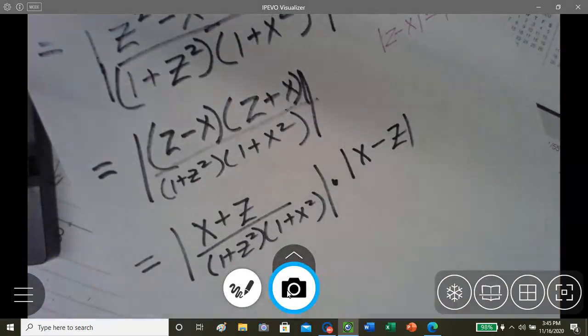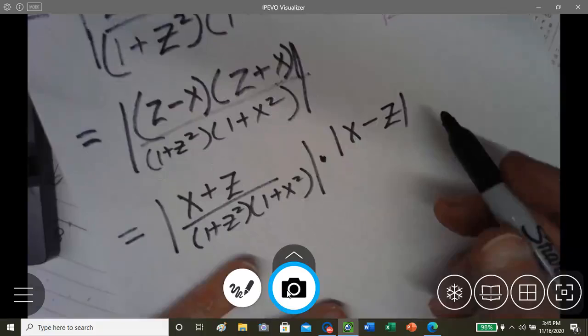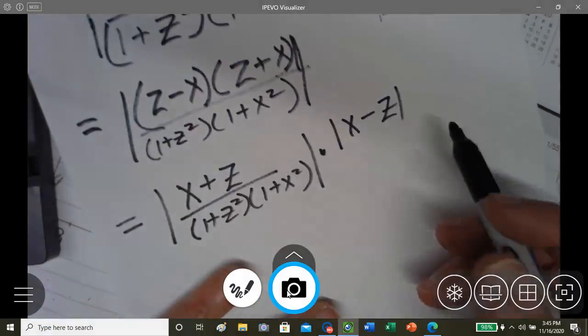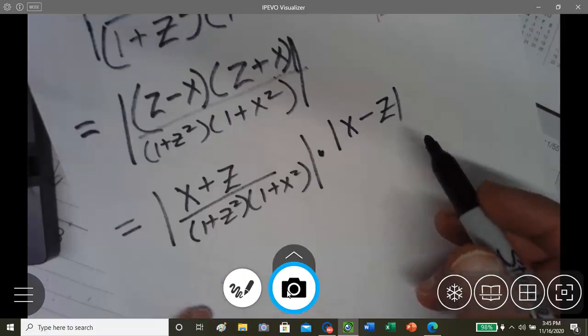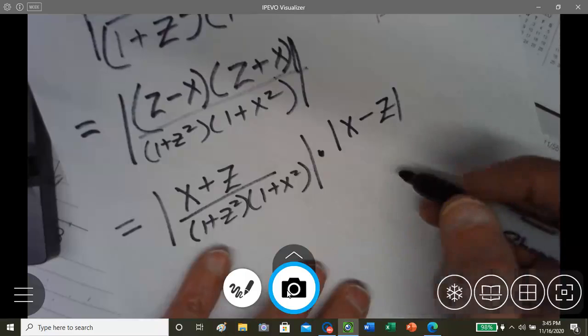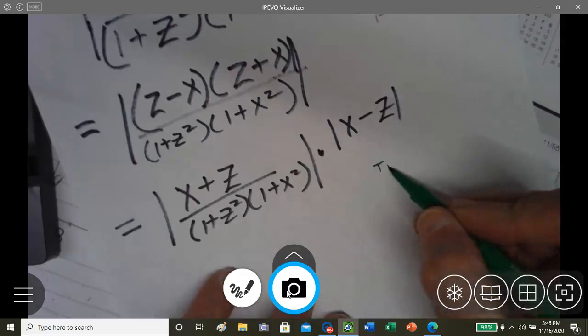So from here we can use what we call the triangle inequality to show that they're bounded by some number. Well, how does the triangle inequality work?